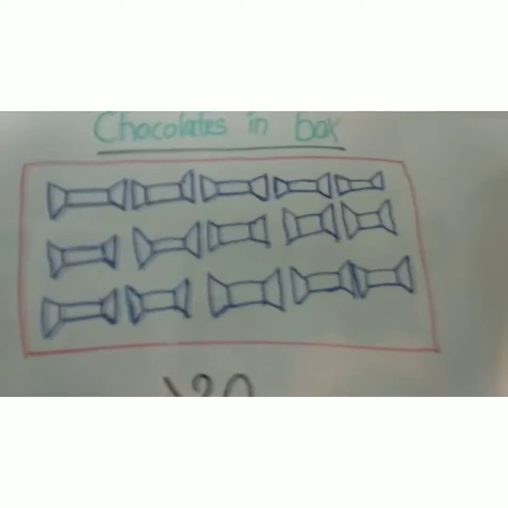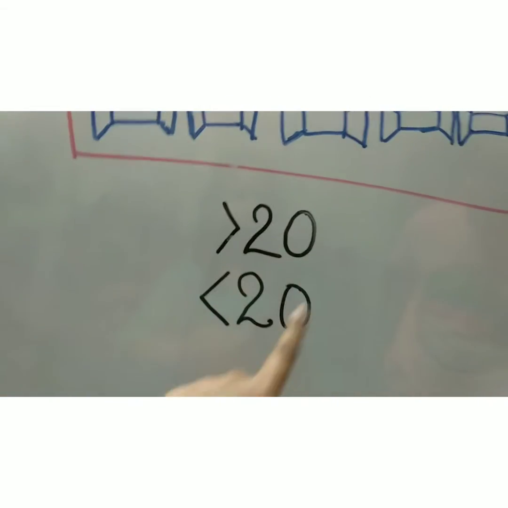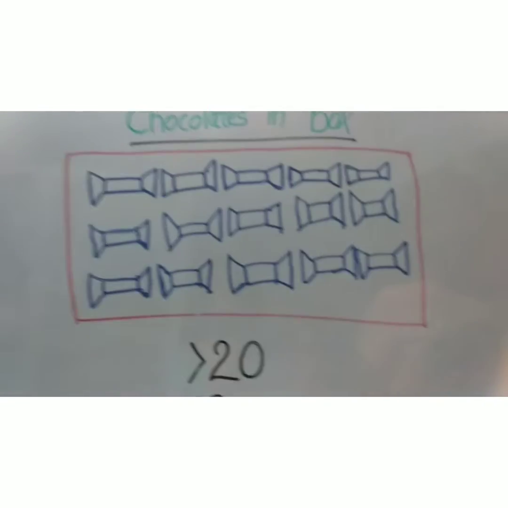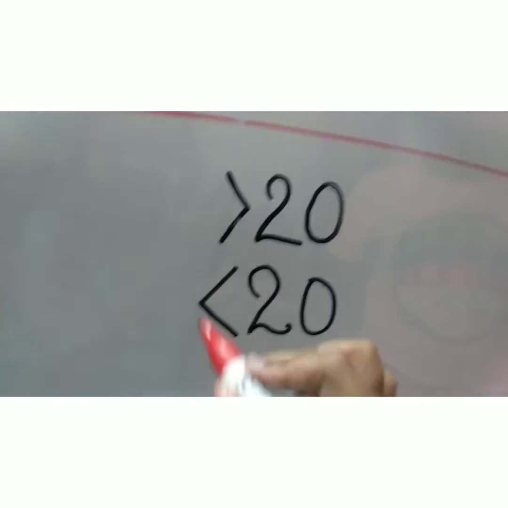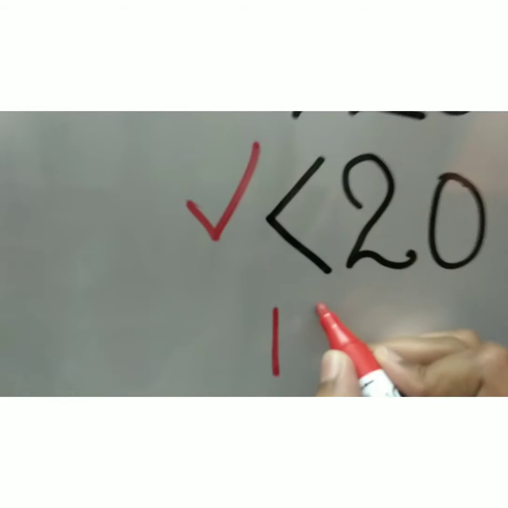So tell me students, these chocolates are more than 20 or less than 20? Tell me. Yes, less than 20. 15 is less than 20. Correct answer is less than 20.